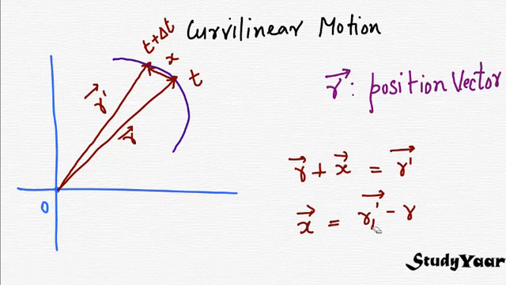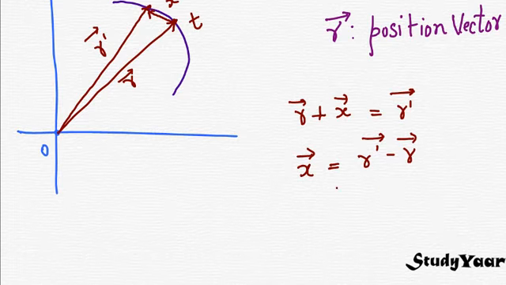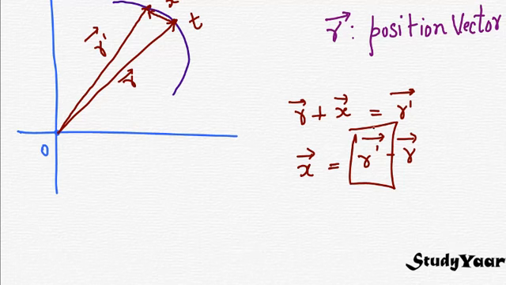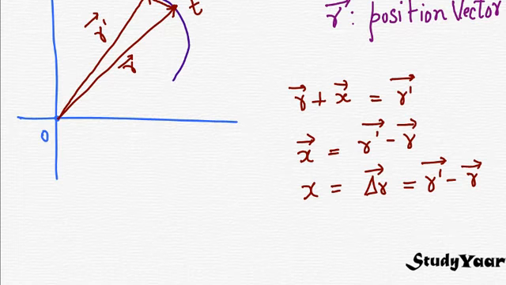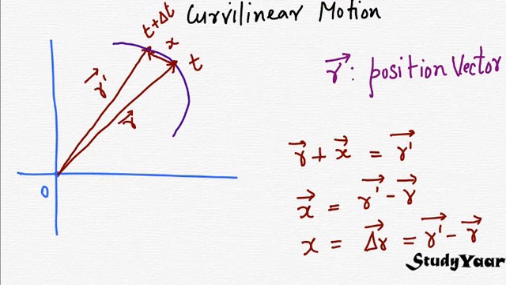This is the displacement at instant t plus delta t, and this is the displacement at instant t. Therefore, this is the change in displacement, right? Therefore, my x is delta r vector, which is equal to r dash vector minus r vector. I'm now going to say that this is delta r.